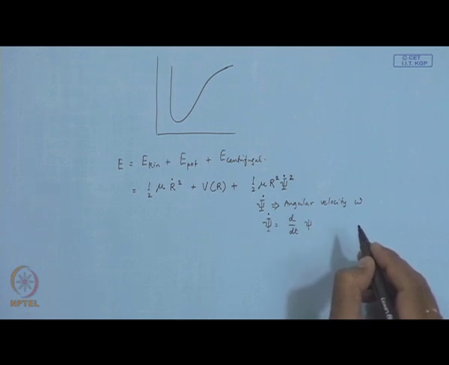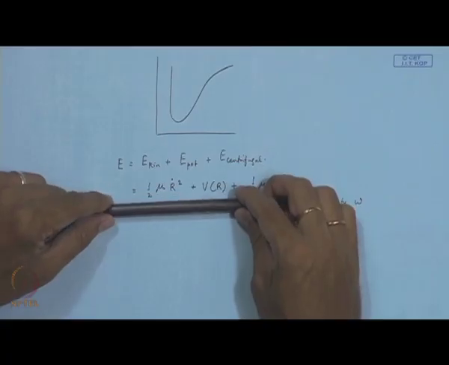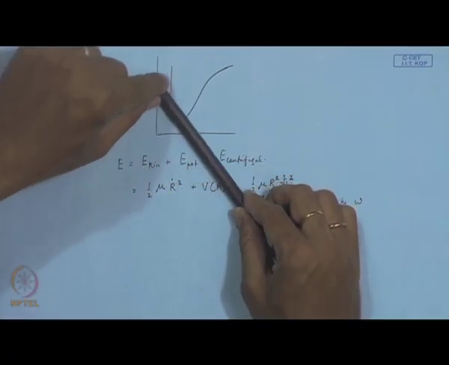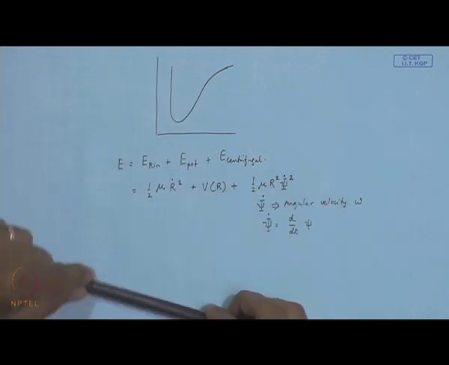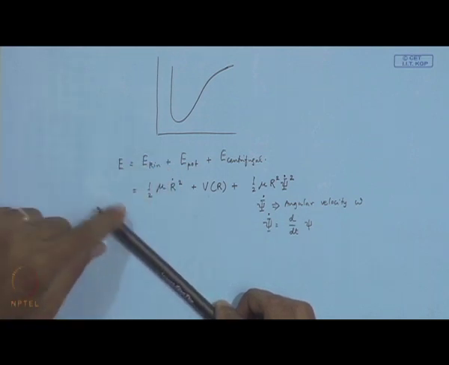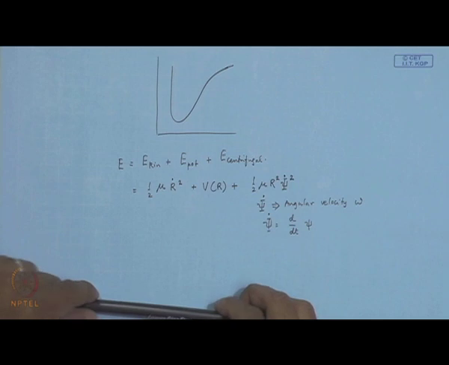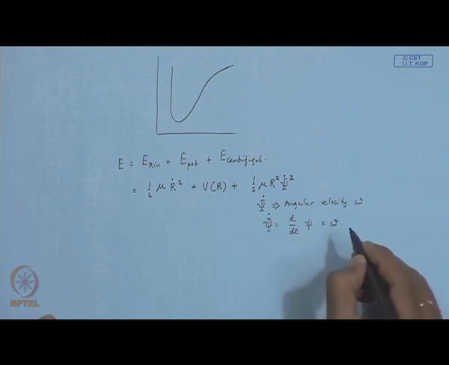That means this is how the orientation is changing. This r is changing, therefore this psi is also changing. This angle is changing with respect to this, so with time psi is changing, that is why d psi dt is used, which is equal to omega, the angular velocity.